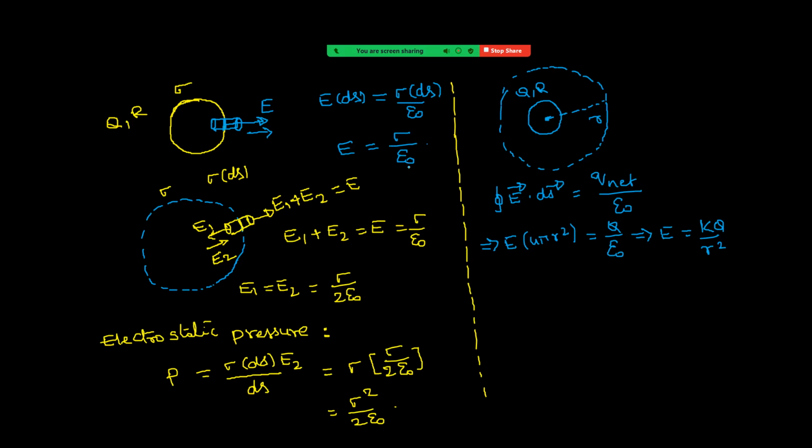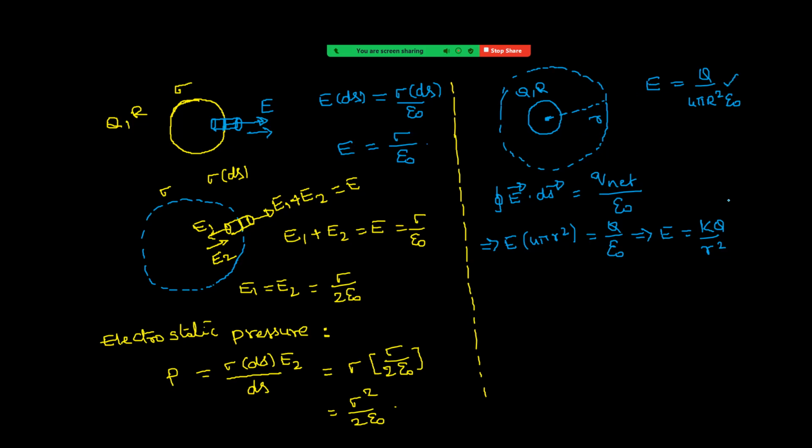Sigma by epsilon naught, see carefully once. Substitute the value of sigma there: sigma means Q by 4 pi r square, so it is 4 pi r square epsilon naught. And here we have taken just outside, and just outside means small r is equal to capital R. That is what we got here.